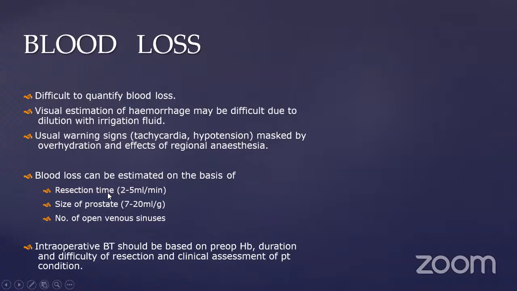On average, the blood loss is 2 to 5 ml per minute, and 7 to 20 ml per gram of prostate size. Number of open sinuses matters. Intraoperative blood testing should be based on preoperative hemoglobin, duration and difficulty of resection, and clinical assessment of patient condition.